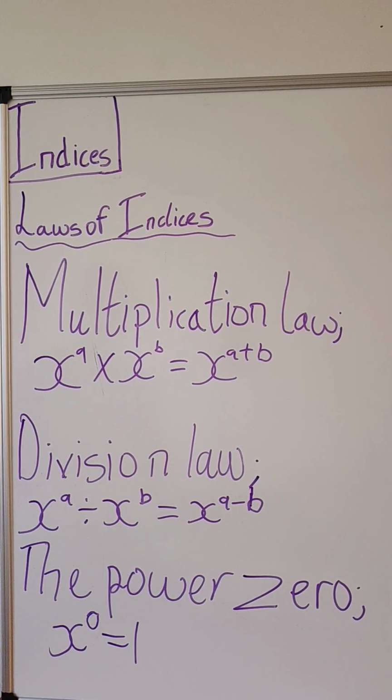So we move to the third one, which is the power 0. In other words, if we have any number raised to the power of 0, the value for that particular number or letter or figure is 1.